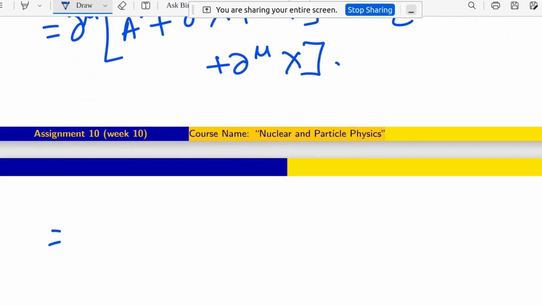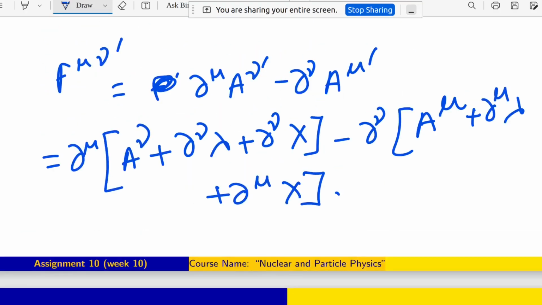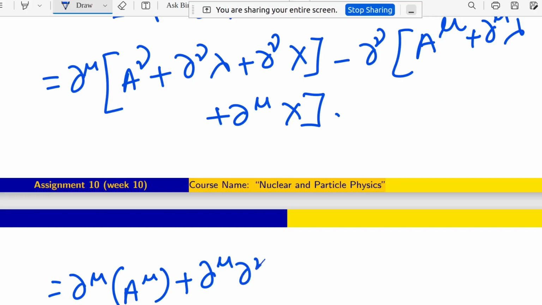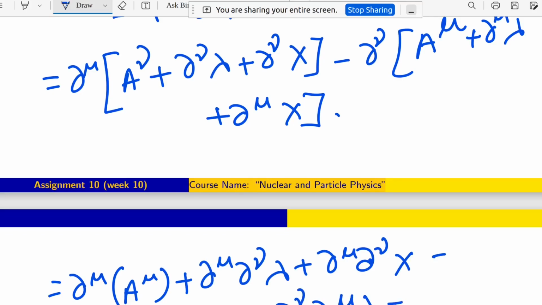So now what we will do, we will just calculate a little bit. A mu plus, you can see here, del mu, right? So del mu lambda plus del mu chi minus del nu a mu plus minus del mu lambda minus del mu chi.